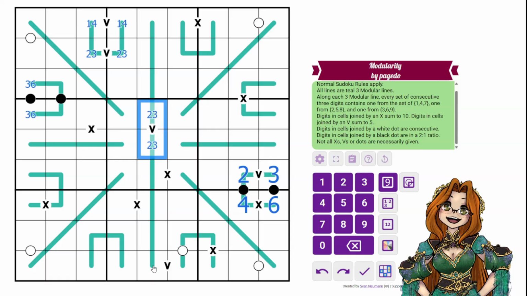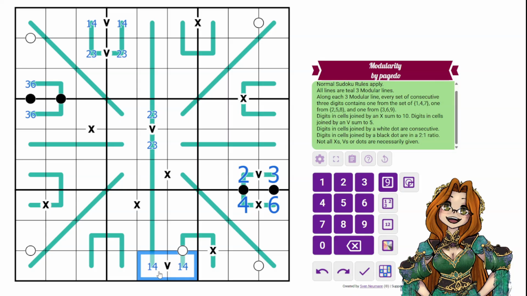2 and 3 both see this digit right here, which is on a V, which means it can only be 1, 2, 3, and 4, which makes this a 1, 4, and a 1, 4. And if we count 1, 2, 3, this has to be from the same mod group as this, which is still the 147 group. So we have all 3 of the 147s right next to each other.